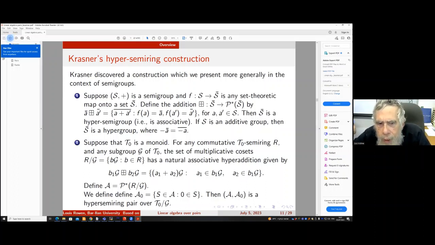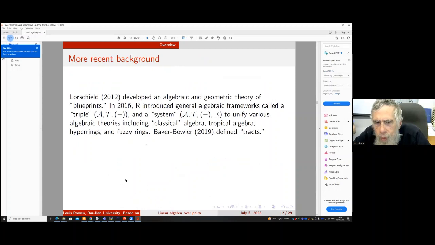Suppose you have a semi-ring and a subgroup G of T0, where T0 is contained in R. Then you can take the cosets of the ring modulo this subgroup, and you define the hyperaddition by taking the sum of the cosets to be the cosets of the pre-image of the sums, and the multiplication is the image of the multiplication modulo G, and that will give you a hyperring.